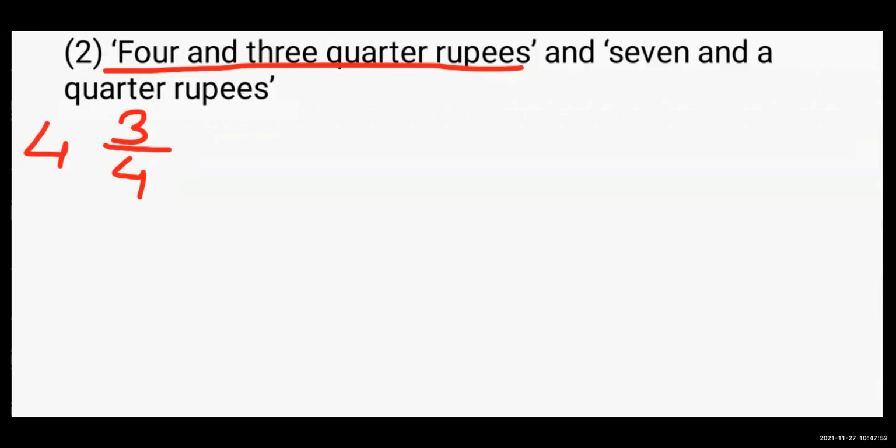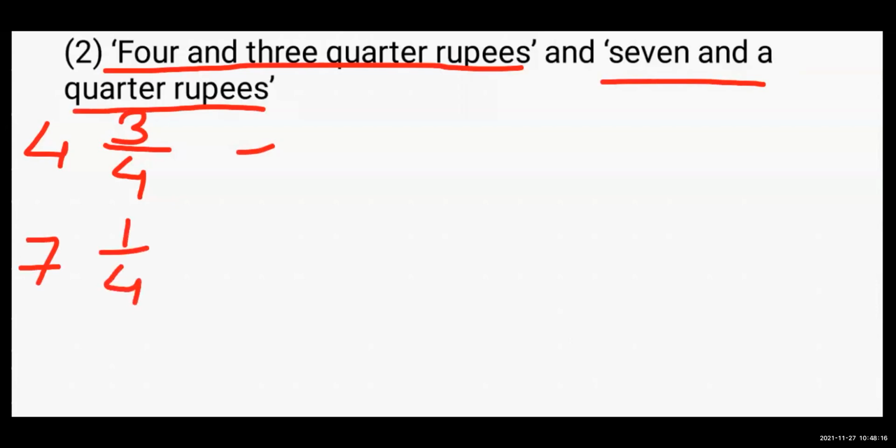4.75 rupees. First you have to write this in fraction form. Fraction form means 4 as it is 4, and 3/4 means 3/4. Clear? Now next is 7.25. That means 7 whole, and a quarter means 1/4. Clear?